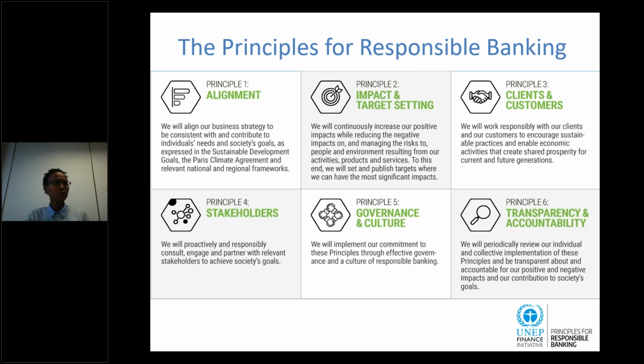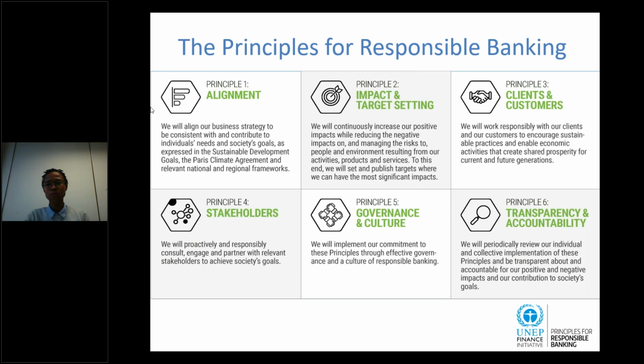These principles imply a continuous work to increase our positive impacts, and also a continuous work to reduce the negative impacts on and manage the risks to people and environment resulting from our activities, products, and services.